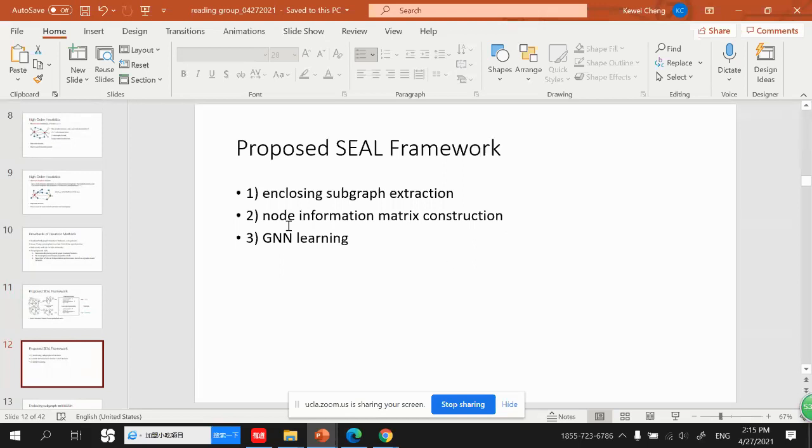In the second step, we construct the node information matrix in order to indicate the structure information of each node. And the final step is we will use a GNN to learn an embedding for each node in order to encode the structure information around them.